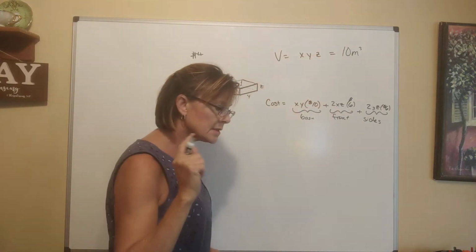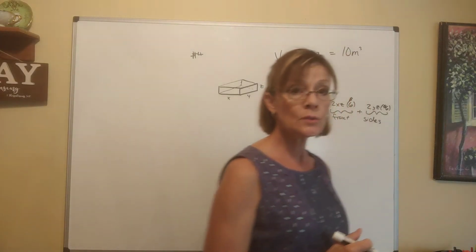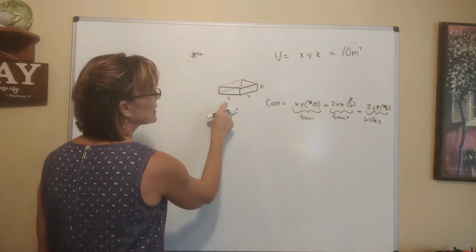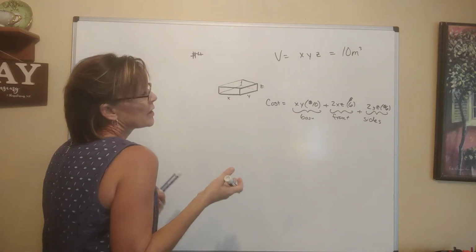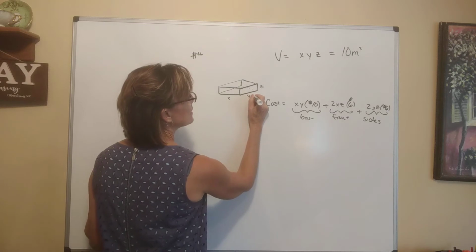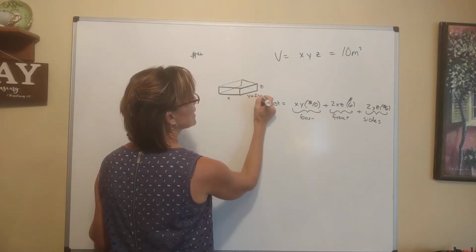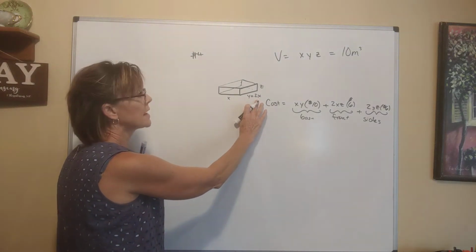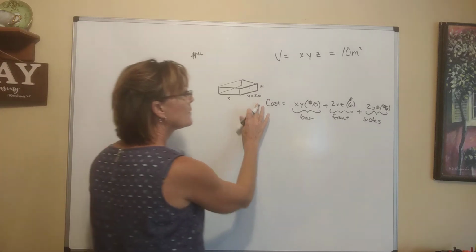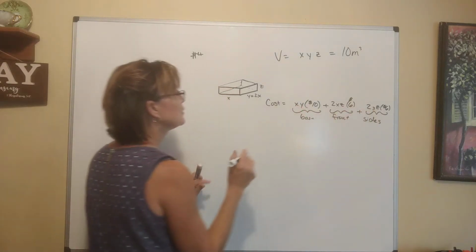Okay, and then they said something at the beginning of this problem. They said the length of its base is twice the width. So I can choose to name this length or this length, it doesn't matter. I want everybody in terms of X, so that's how I'm going to choose to write Y is equal to 2X using that piece of information. So that means I can go in here and rewrite every Y. I'm going to replace every Y with 2X.